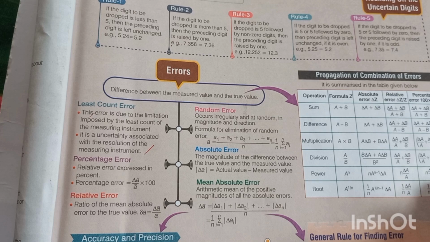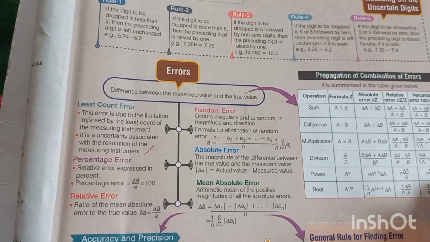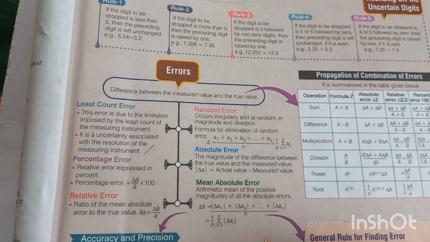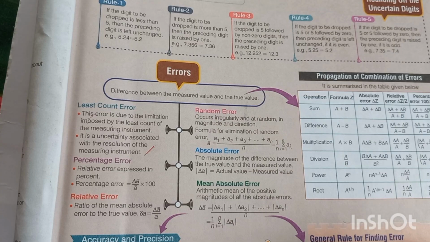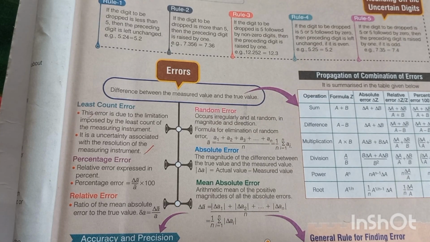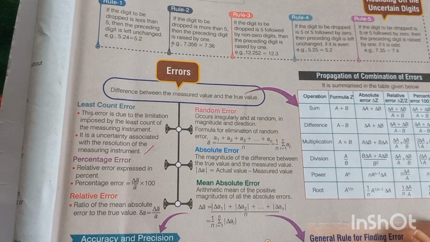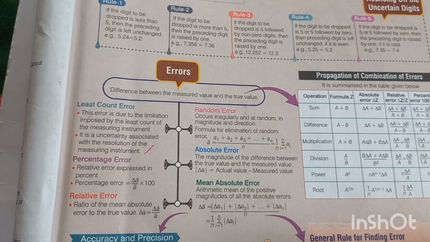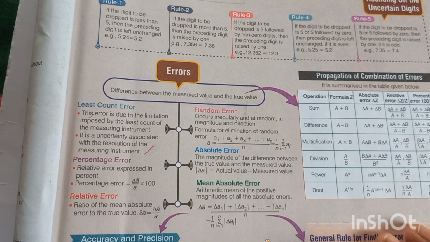If it is not giving the correct value, for example in a screw gauge there is an error known as the zero error. That means the zero of the screw gauge will not coincide, it will not be exactly zero, it will have a certain mistake or error. Error is nothing but a mistake, right?